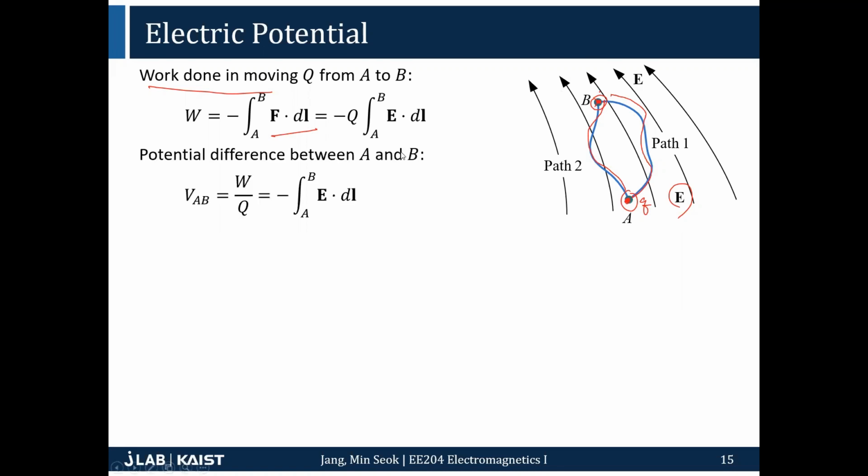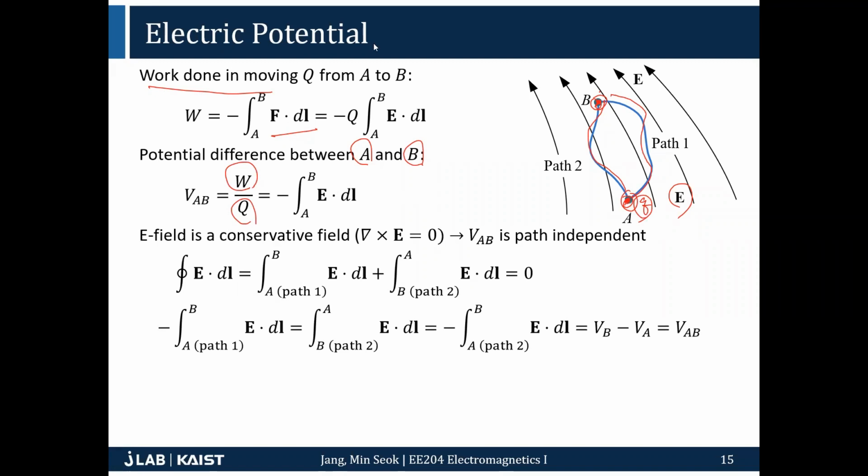Before we talk about anything mathematical, the potential difference between these two positions, between A and B, is defined as this work divided by the charge amount Q. So this concept can be applied to any charge amount, since it's normalized by the charge amount. The potential difference between A and B can be defined as minus the integral of E dot dl from A to B.